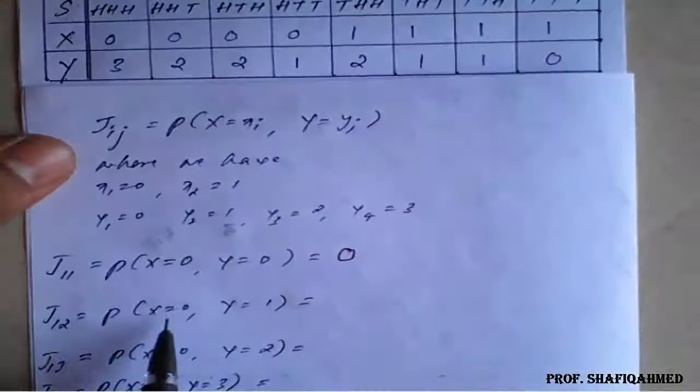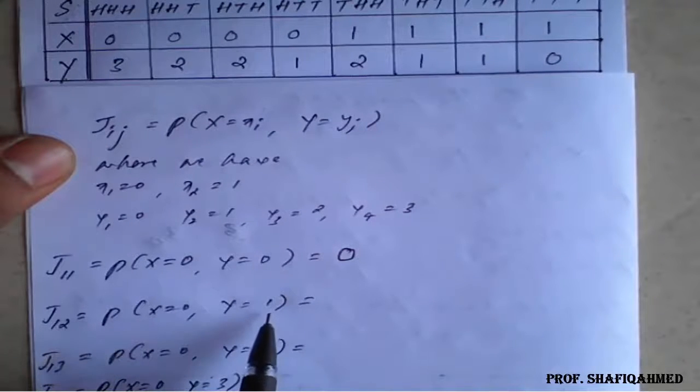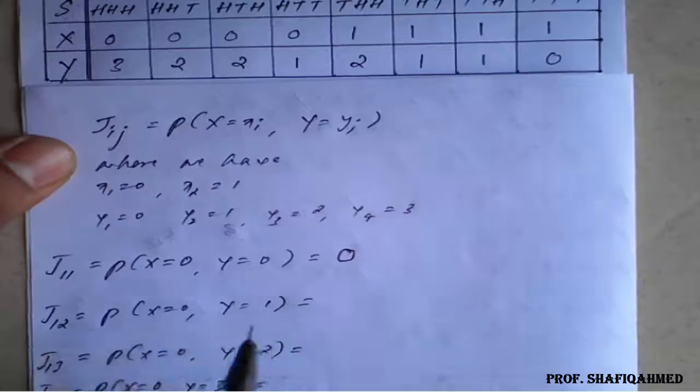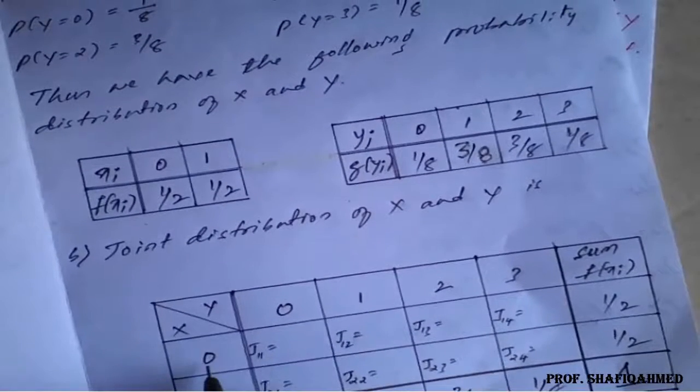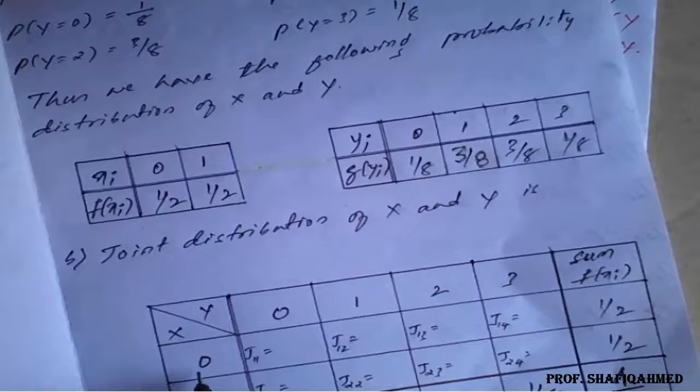Now I will continue the same. Next, when x is 0, y is 1, we need to work it out from the table. So like that, x is 0 y is 0, x is 1 y is 1, x is 0 y is 2, then x is 0 y is 3. I had already taken this in a ready-made form.